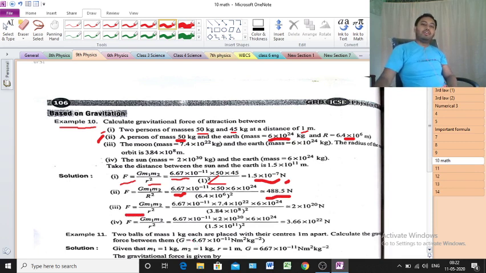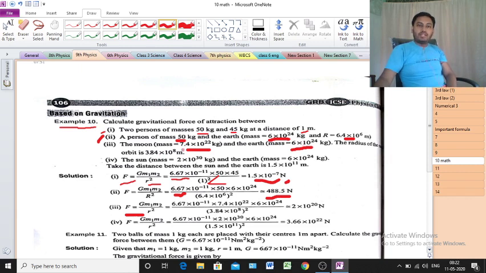Now coming to the next question: the moon. Clear? The moon and the earth. So the force of attraction between the moon and the earth. Clear? So in that particular case, simple thing, the mass of the moon is given.